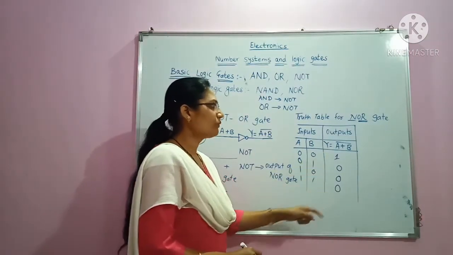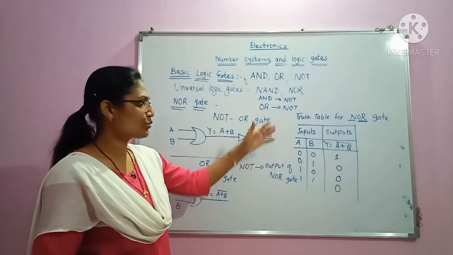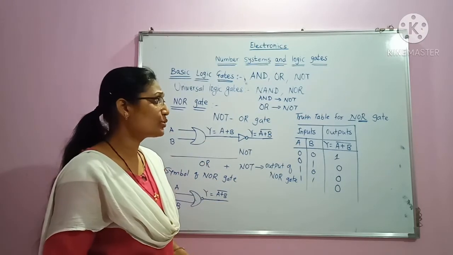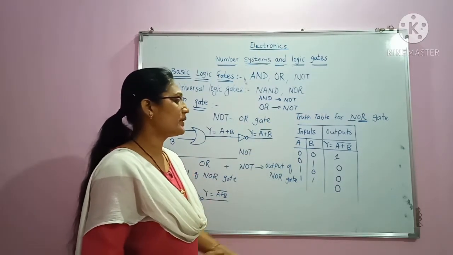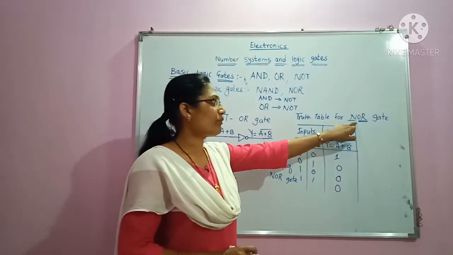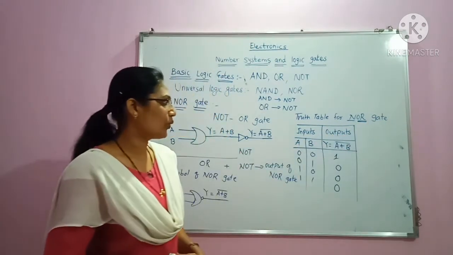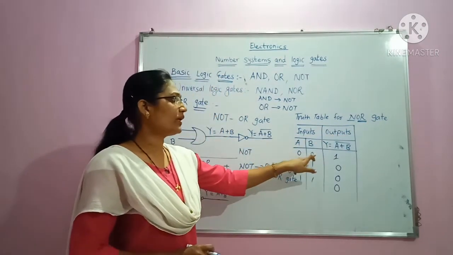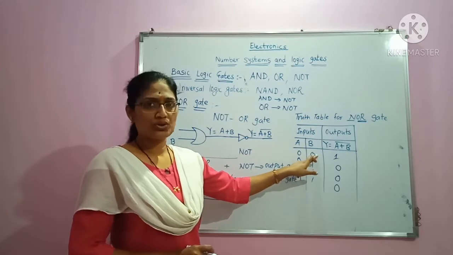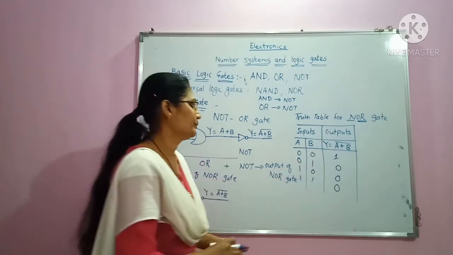So what can one conclude from this truth table? The conclusion from this truth table is that the output of NOR gate is 0 when both the inputs are at logic low.